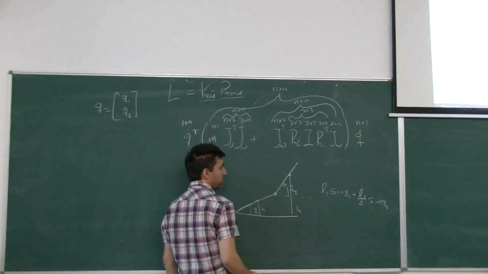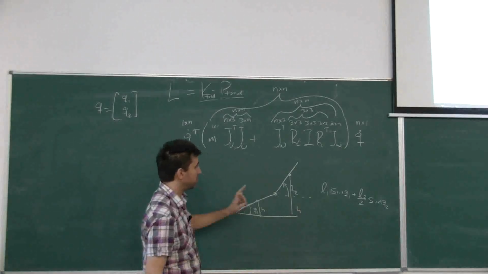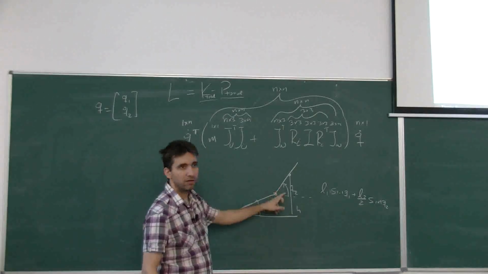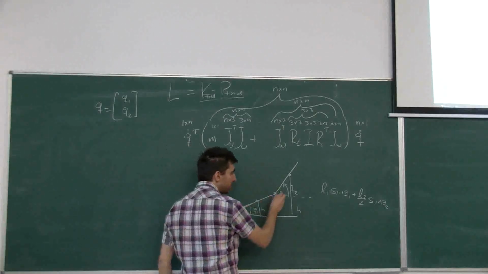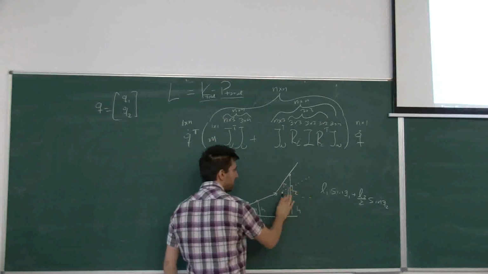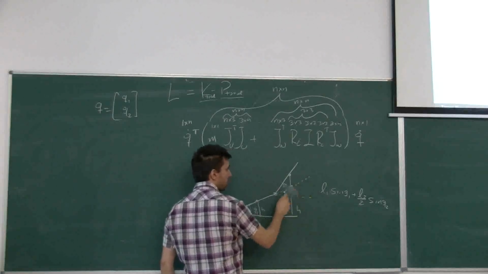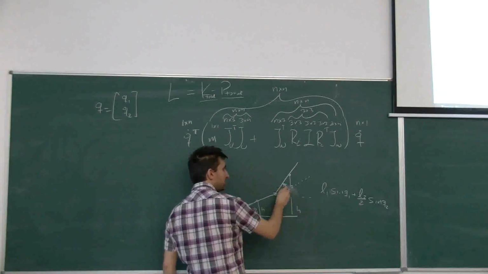The truth is that the way I wrote Q2 here, it's like this, but basically Q2 is defined as this angle. That's why we're confused. So it's just this part.